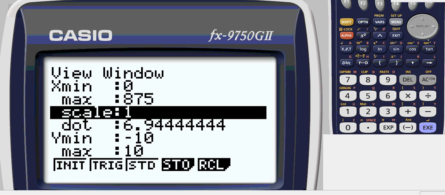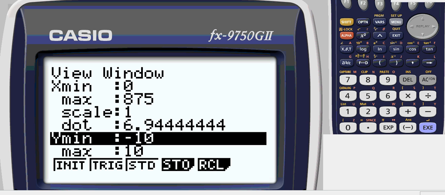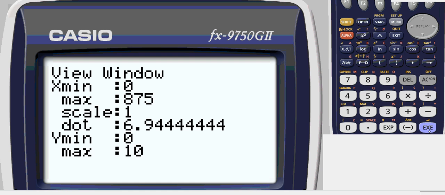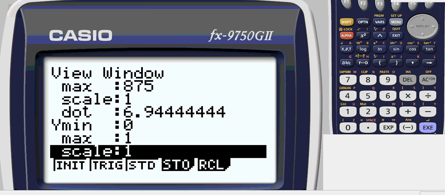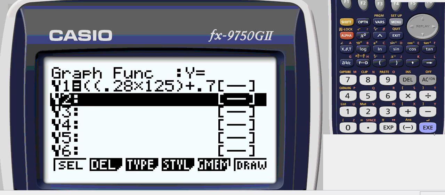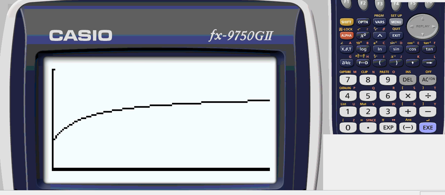And then since our Y values here are our percent concentration, percentages can only be between 0 and 1. Now we've got a nice little graph of what's going on with this chocolate fountain.